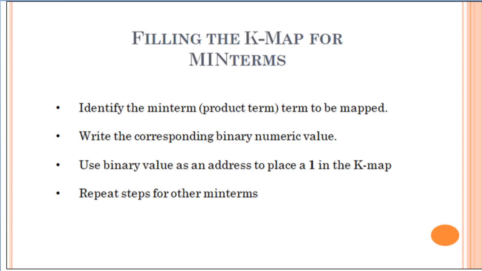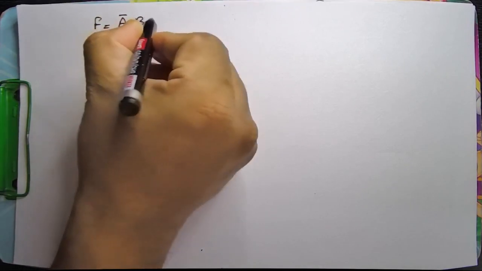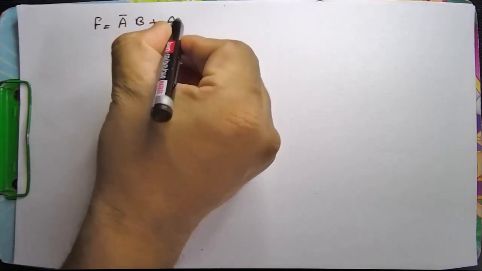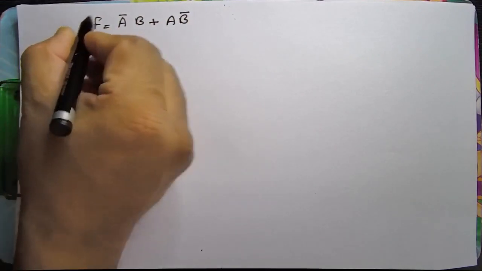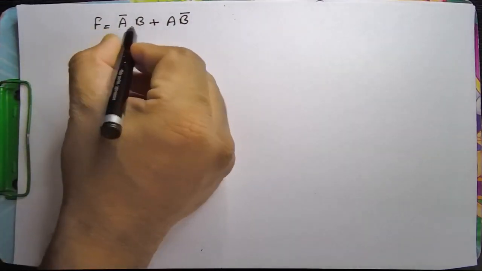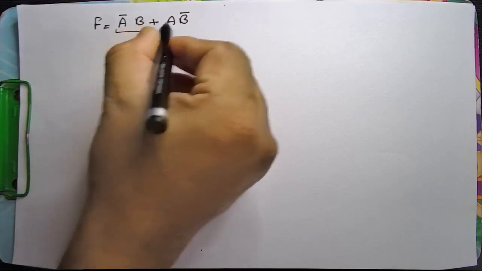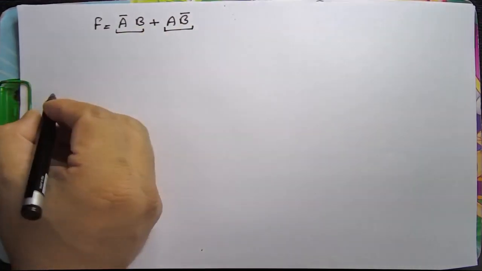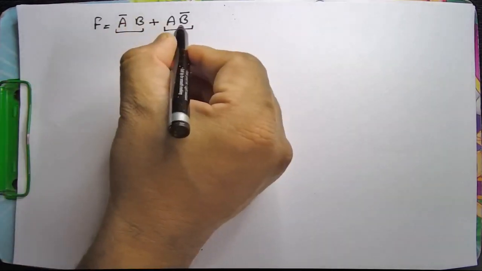For example, if we have a function f is equal to a bar b plus a b bar, that means this function has two variables a and b, and this function has two terms, and these are a bar b and a b bar.